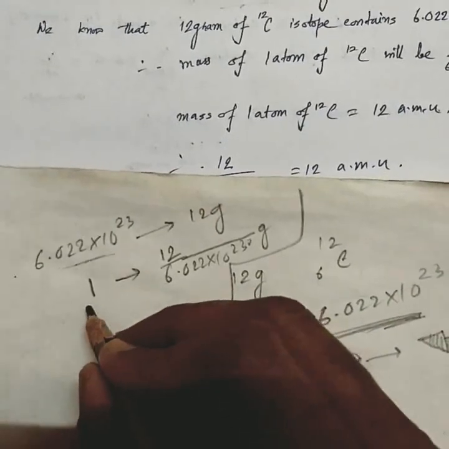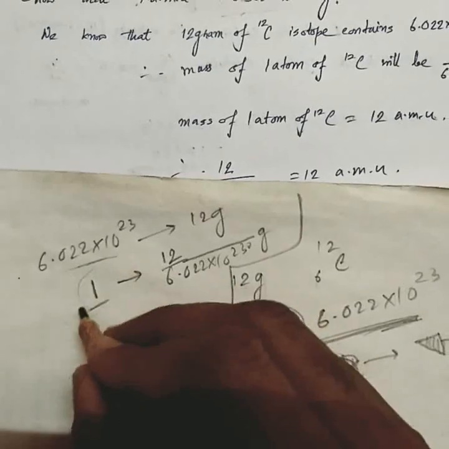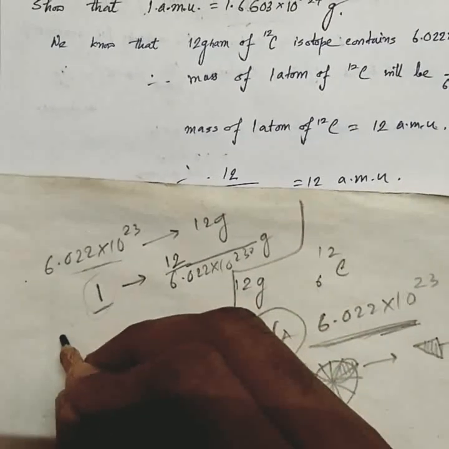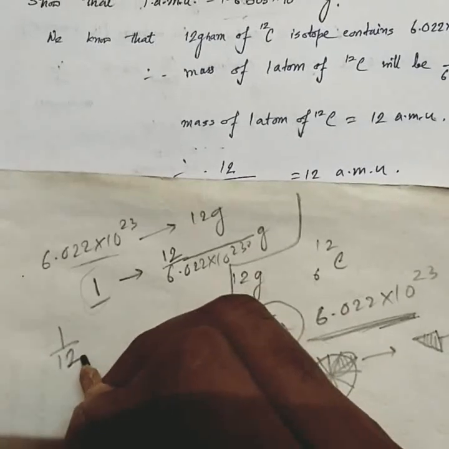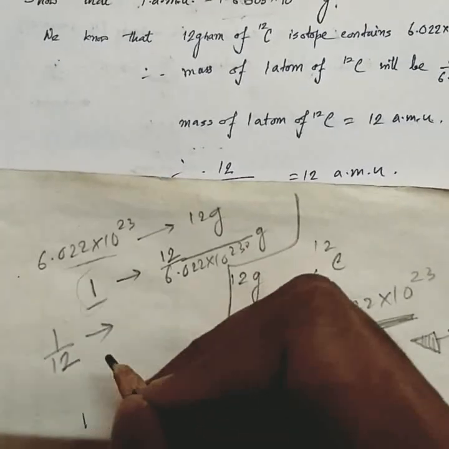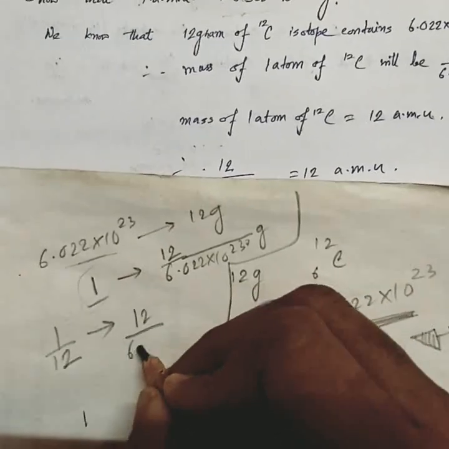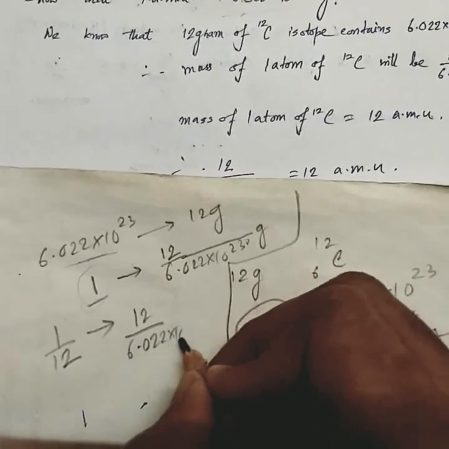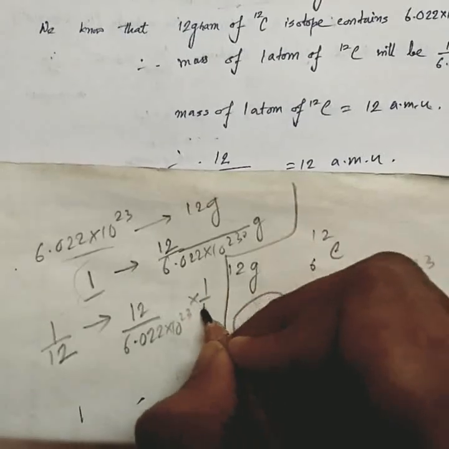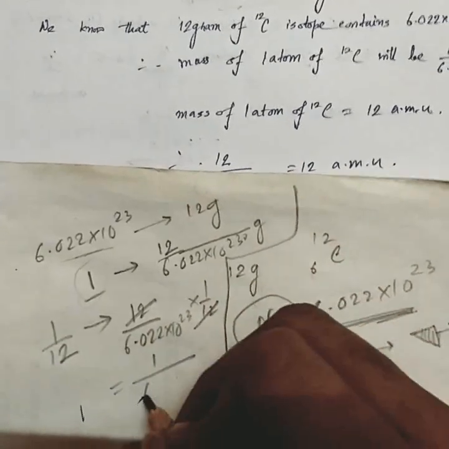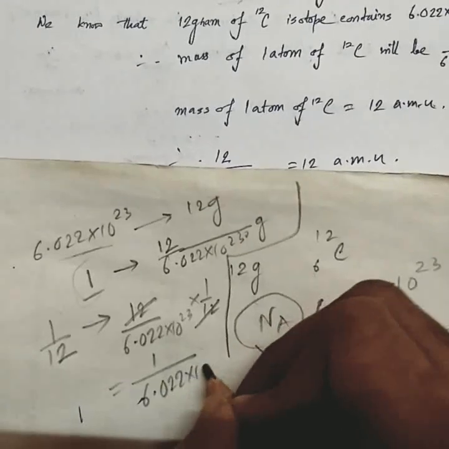Now if this is one atom, and if you divide this into 12 equal parts and take one part of it, then we can write it as 1 by 12. So this many atoms will have how much mass? 12 by 6.022 into 10 to the power 23 into 1 by 12. Now this 12s will be gone, so you are getting 1 by 6.022 into 10 to the power 23.